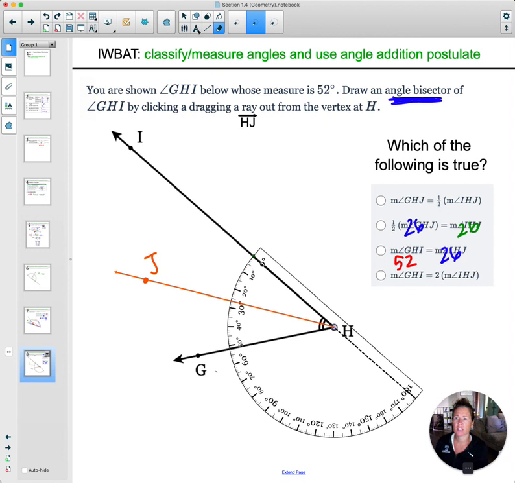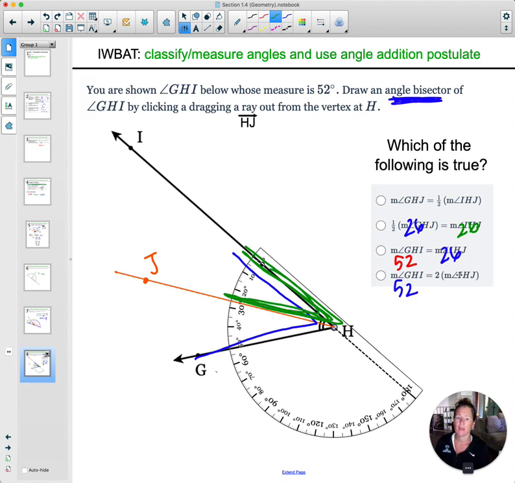GHI, this big angle, 52, is equal to 2 of IHJ. IHJ is this one. If we follow those letters, this one is 26. So is 52 equal to 2 times 26? Yes. So this would be our true answer here.